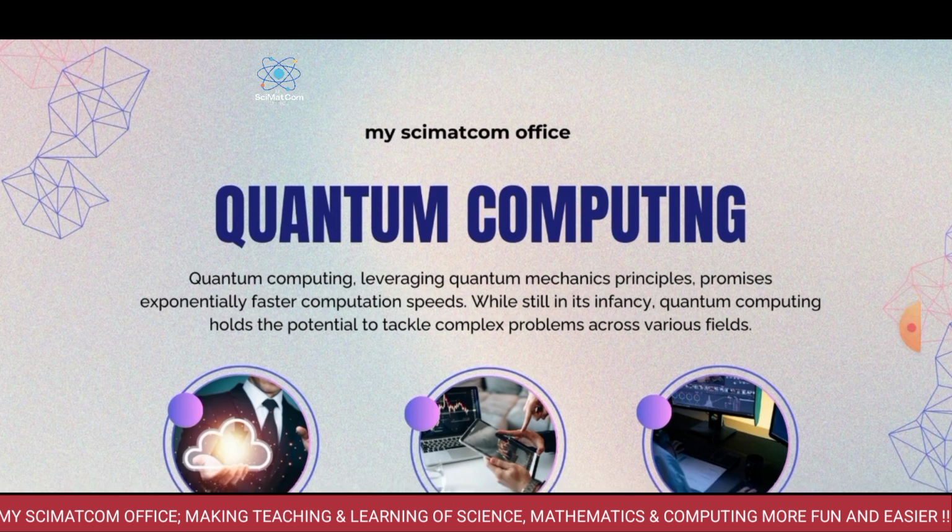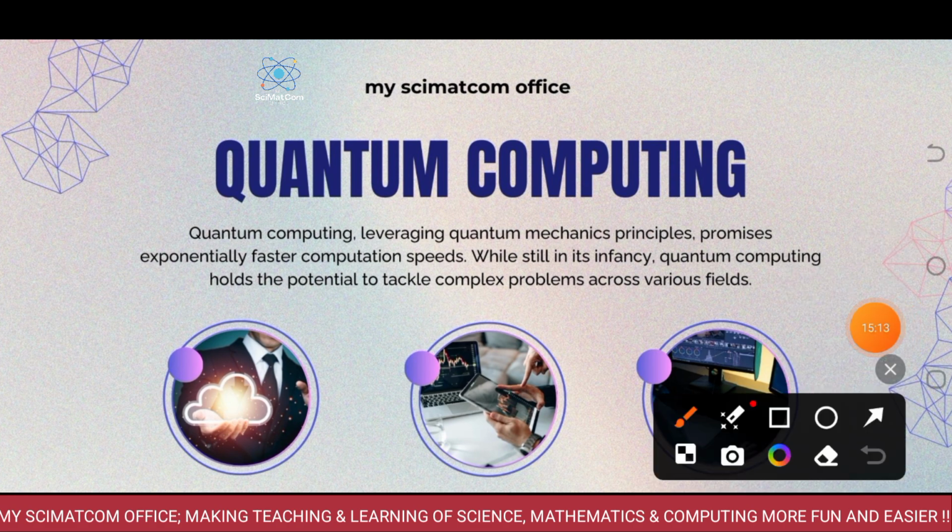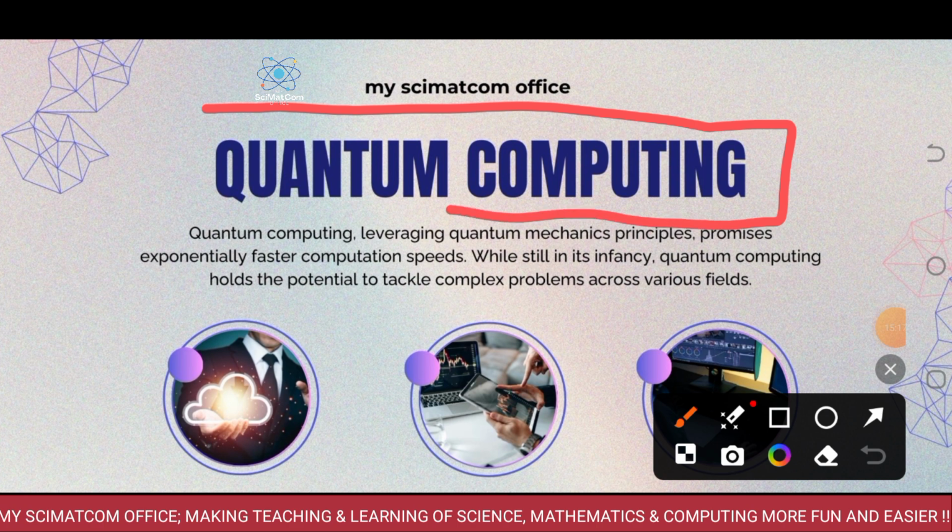Let's look at some few things that have come to stay. Now we have what we call quantum computing. This has been the new computer system. So apart from the fifth generation computers, we have the new computer age. The new computer that has been created is what we call quantum computing.